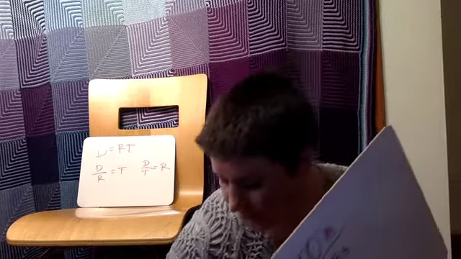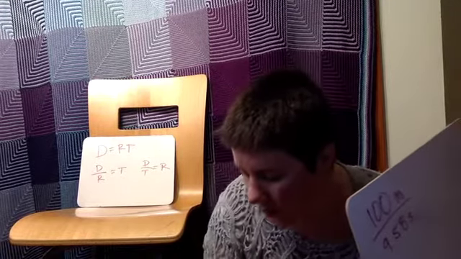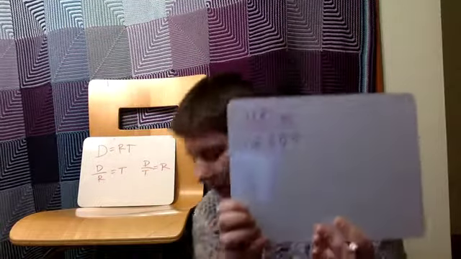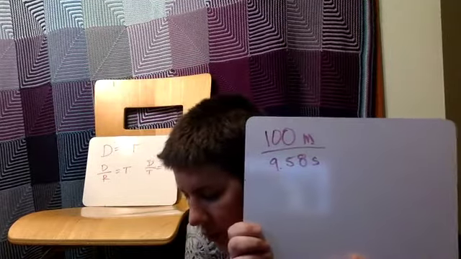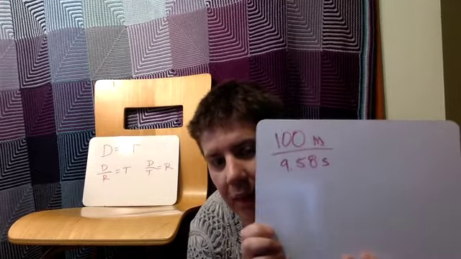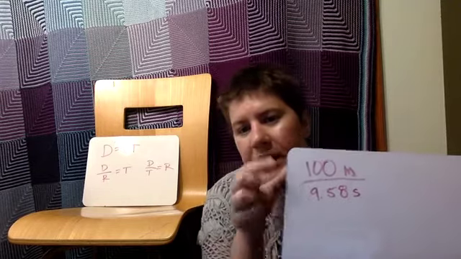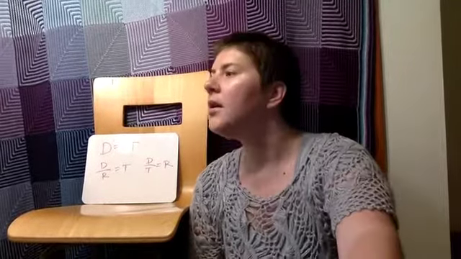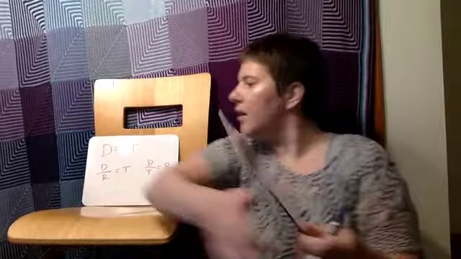So what you need to do for part A here, it says, what is your walking rate in meters per second? In my example, I have 100 meters in 9.58 seconds, and I would divide those.